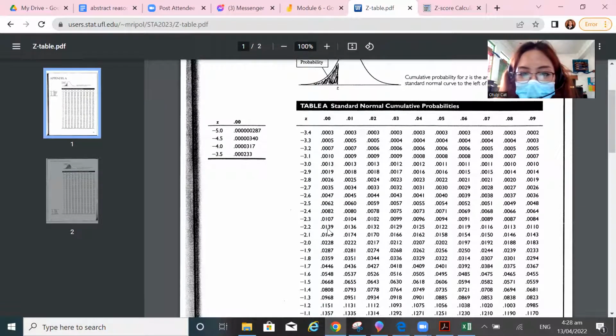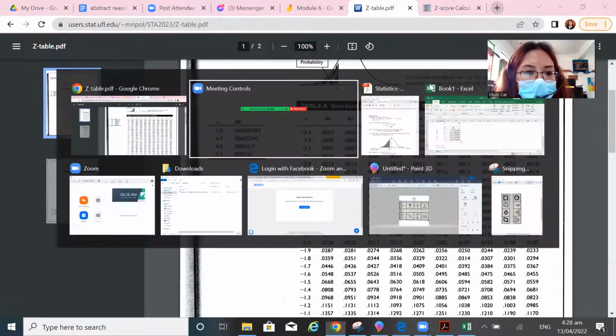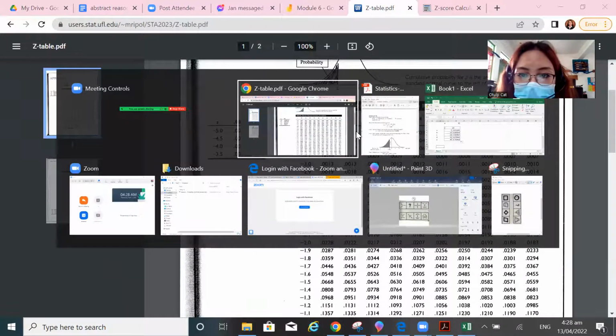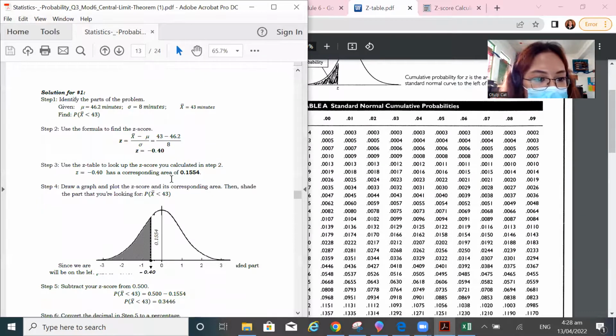As you can see, this is a teaching opportunity. According to the module, its z-score is different. It has a corresponding area of negative 0.1554.